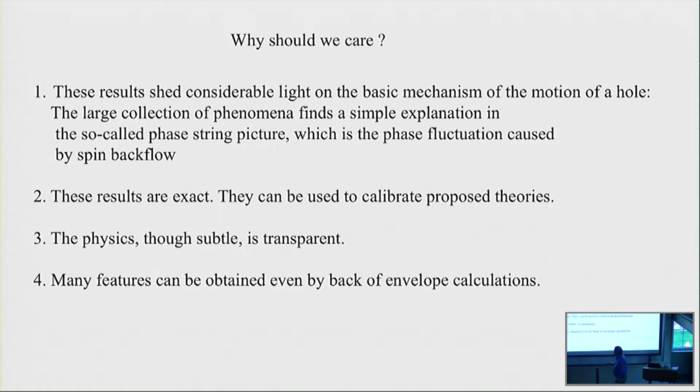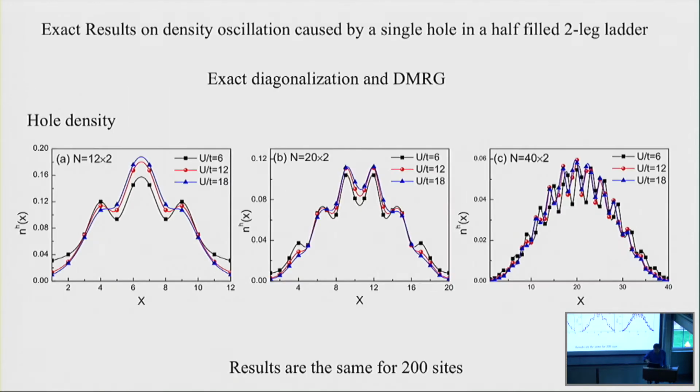These results are exact, and they can be used to calibrate proposed theories. The physics, although very subtle, is actually very transparent, and many features can be obtained even by back-of-envelope calculations. That is the message I would like to convey. Now let me show you the data.